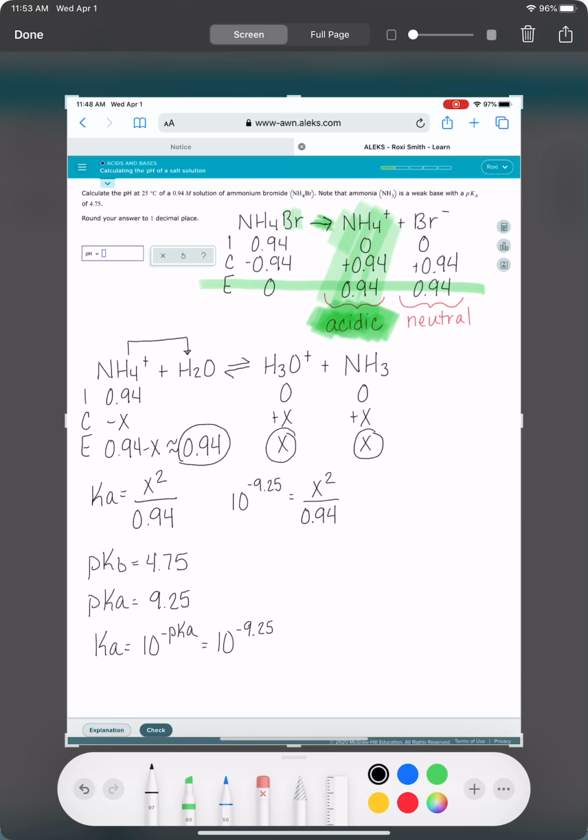We are going to solve for x: 10 to the negative 9.25 times 0.94. Take the square root of that. X is 2.30 times 10 to the minus 5. X is the H3O plus concentration.